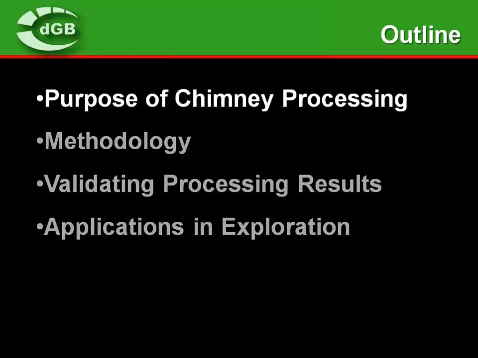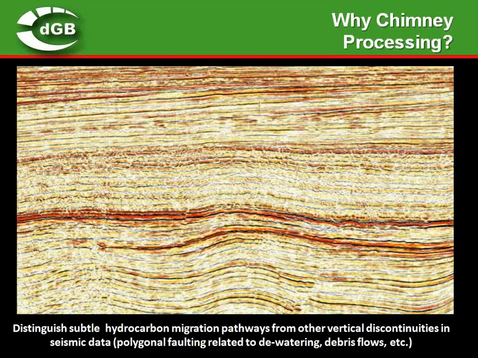The purpose of chimney processing is essentially to distinguish subtle hydrocarbon migration pathways from other features, other vertical discontinuities in seismic data, such as polygonal faulting related to dewatering or debris flows, which can look a lot like gas chimneys.